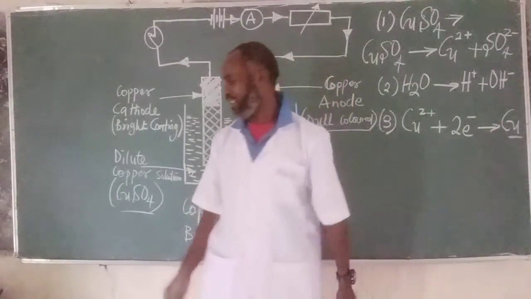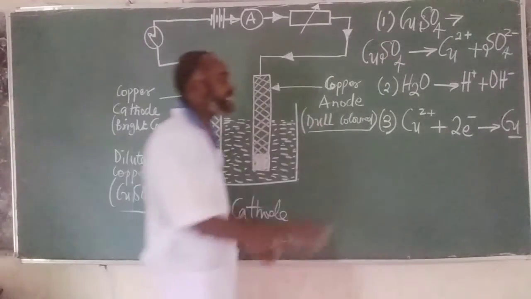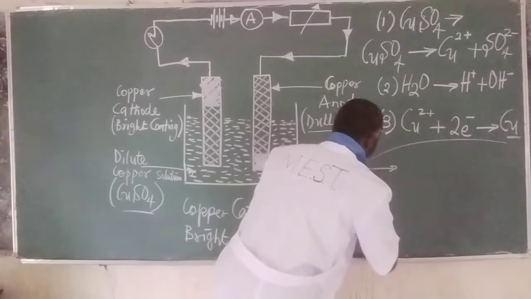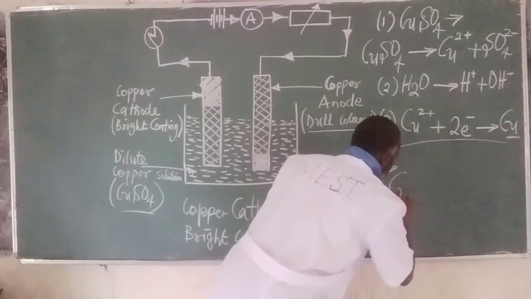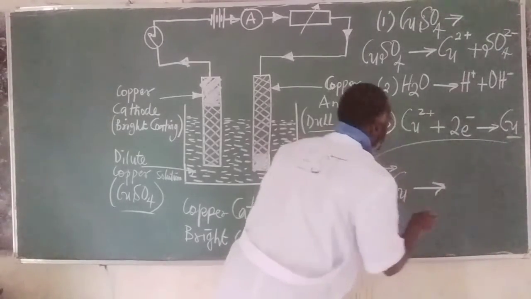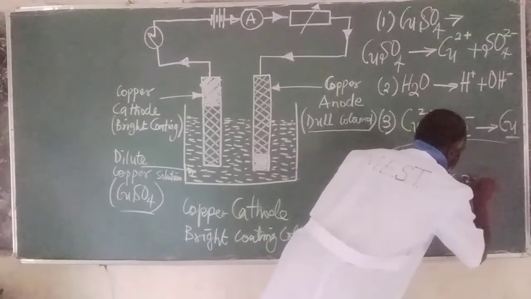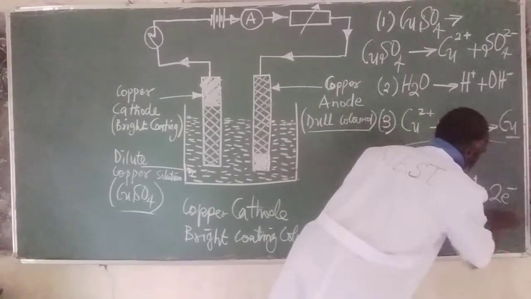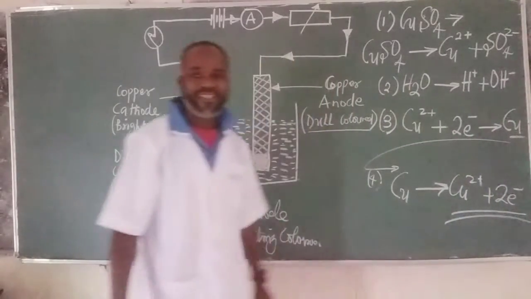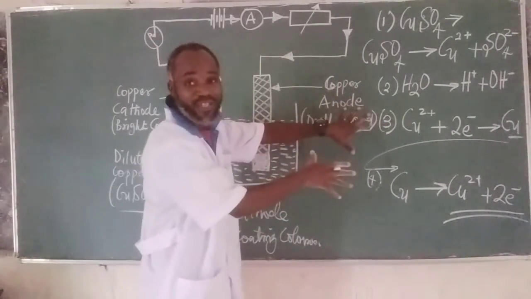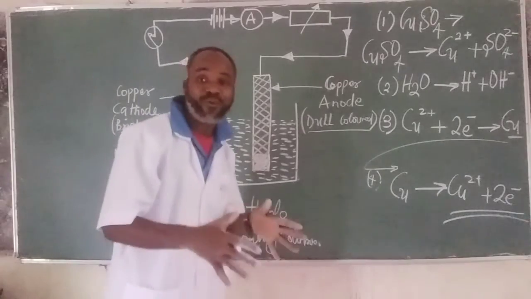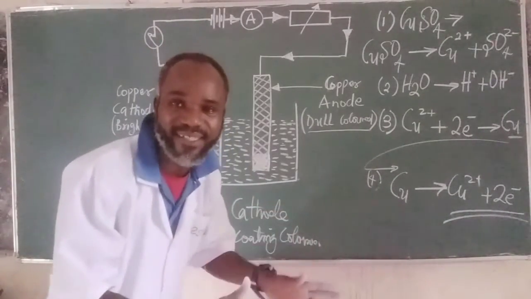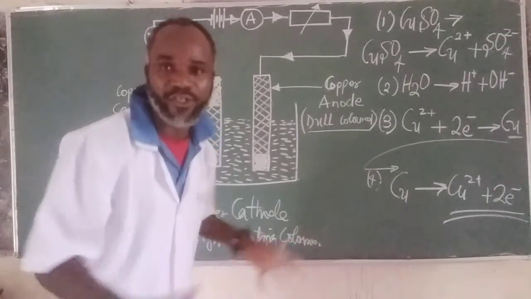Oh, this is interesting. Now the next thing we need to understand is that this can as well be reversible, where we have number 4, copper giving birth to Cu2+ plus 2 electrons. So if we understand this dynamics, it means we have understood what happens when there is electrolysis of copper sulfate solution.